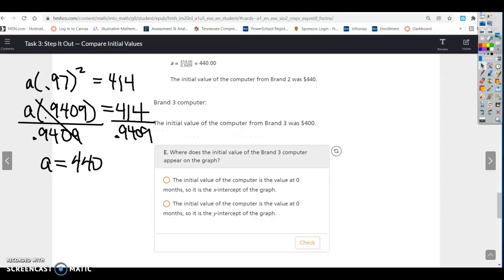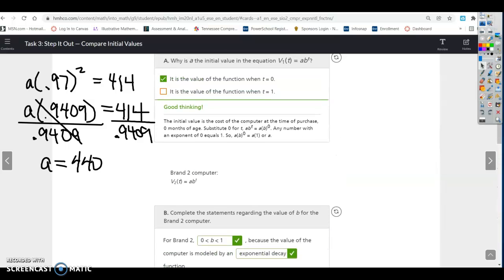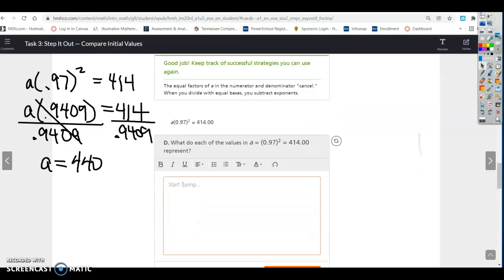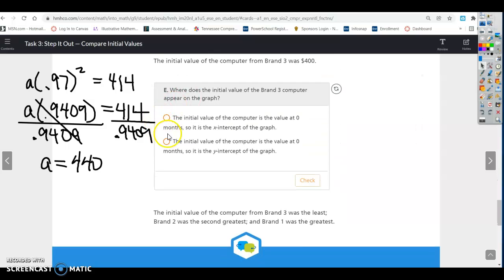The initial value of the computer for brand 3 was $400. Where does the initial value for brand 3 appear on the graph? Brand 3 was the graph, and you can see that is your y-intercept there. So 400 is your y-intercept, not your x, but your y-intercept.